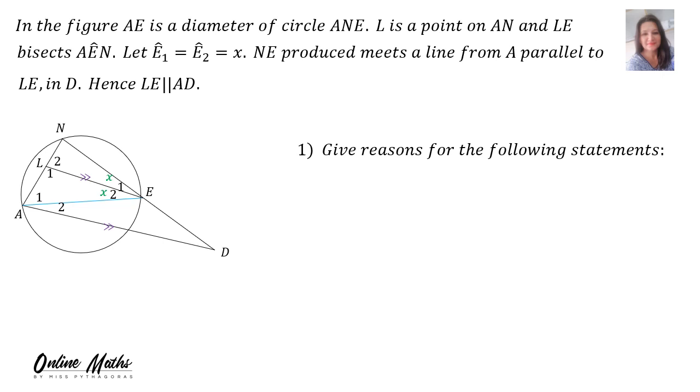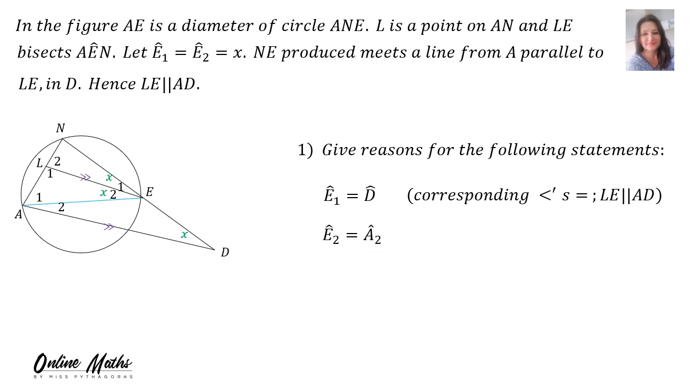Now the question says, give reasons for the following statements. The first statement states that angle E1 is equal to angle D. Why can we say that? They are corresponding angles since LE is parallel to AD.